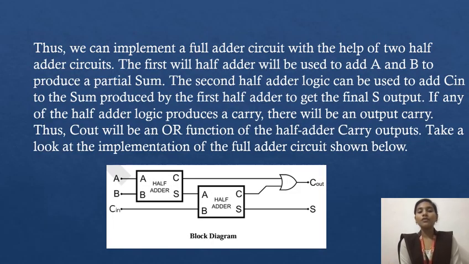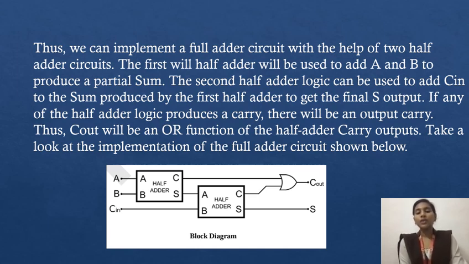If any of the half adder logic produces a carry, there will be an output carry. Thus, Cout will be an OR function of the half adder carry outputs. Take a look at the below logic diagram.